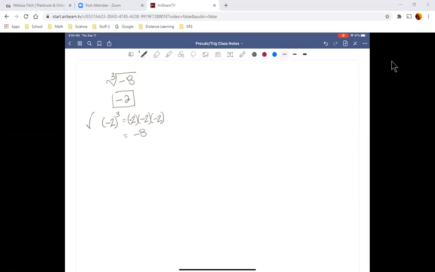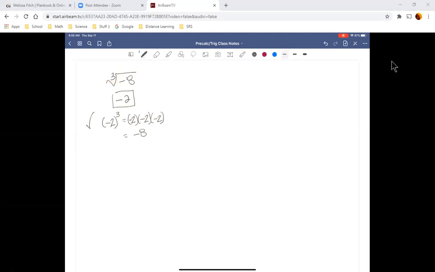So if our root is even, so if it's 2, 4, 6, 8, then we can't have any negative numbers for our answers, right? Because if it's even, you're multiplying negatives and negatives or positives and positives, so your answer is always going to be positive. But if your root is an odd number, you could have either. You could have positives or negatives.